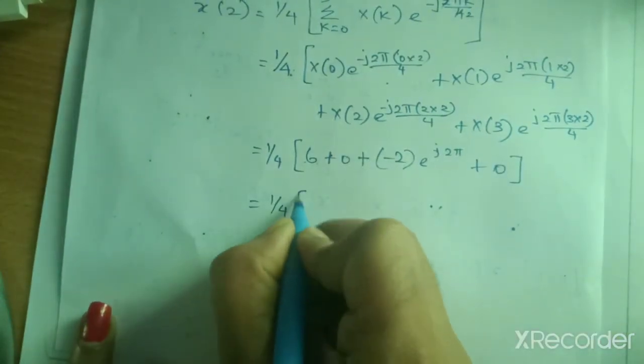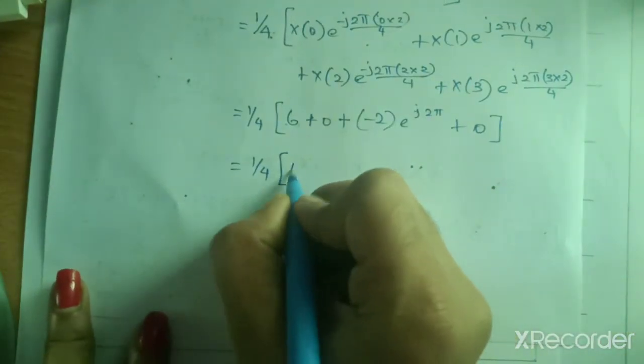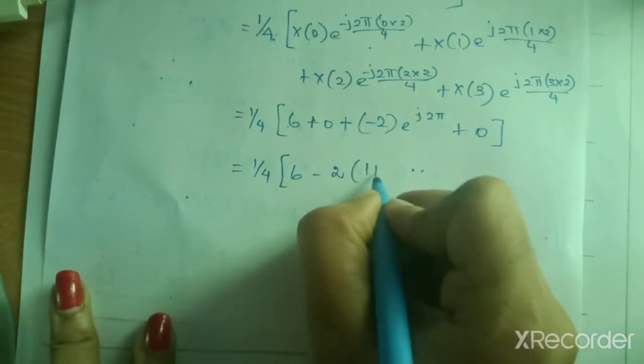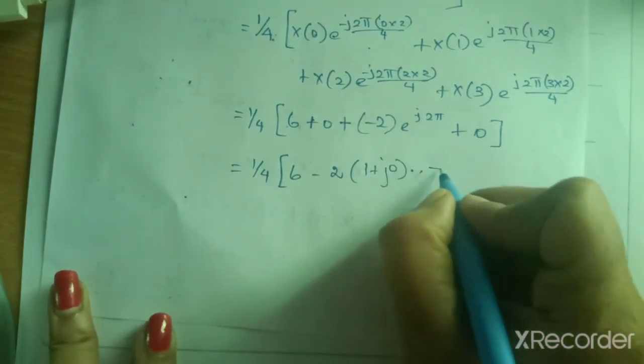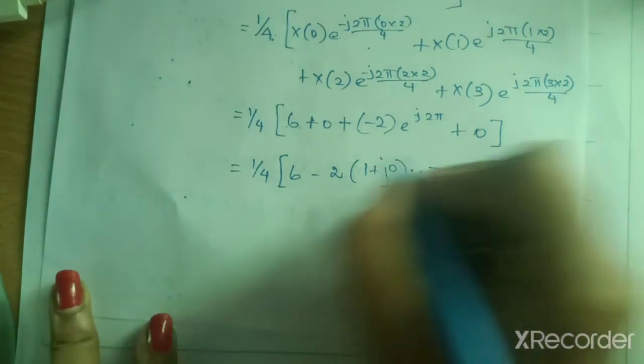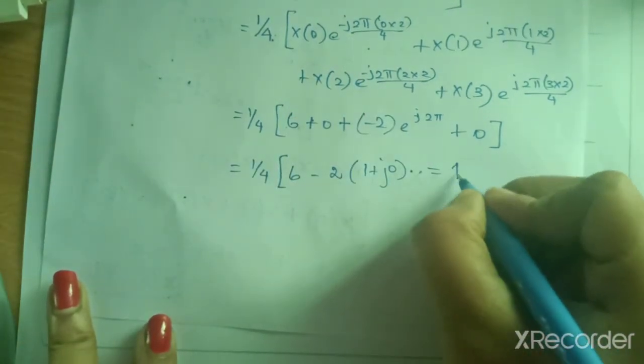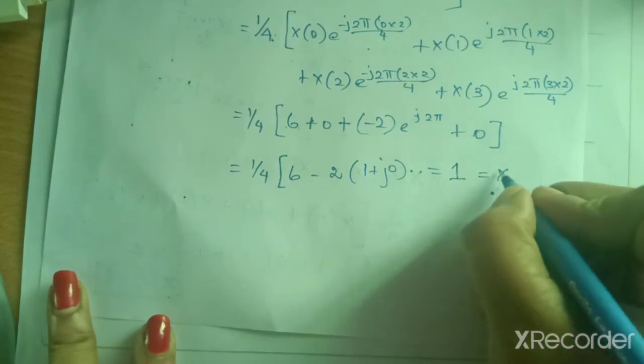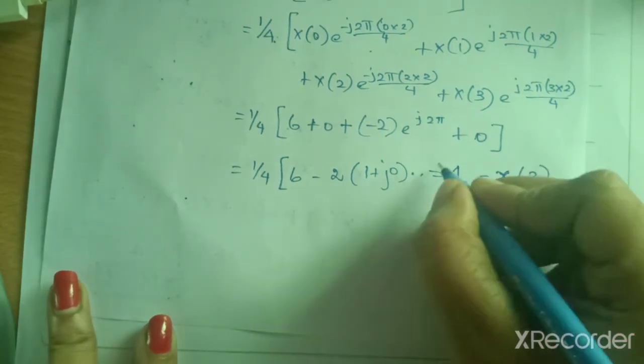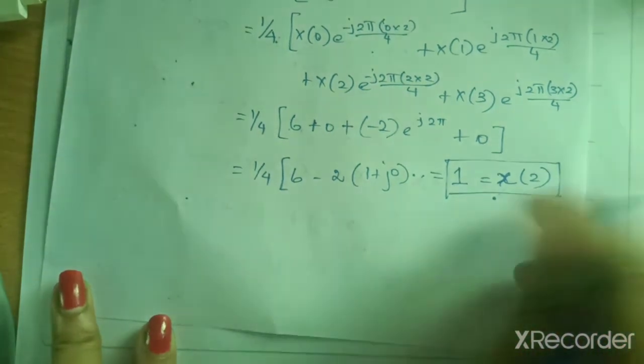Then you have to substitute the value: 1 by 4 into 6 minus 2 into 1 plus j 0. Next you have to solve this. 6 minus 2 will be 4. Then 4 by 4 the value will be 1. So the value of small x of 2 will be 1.